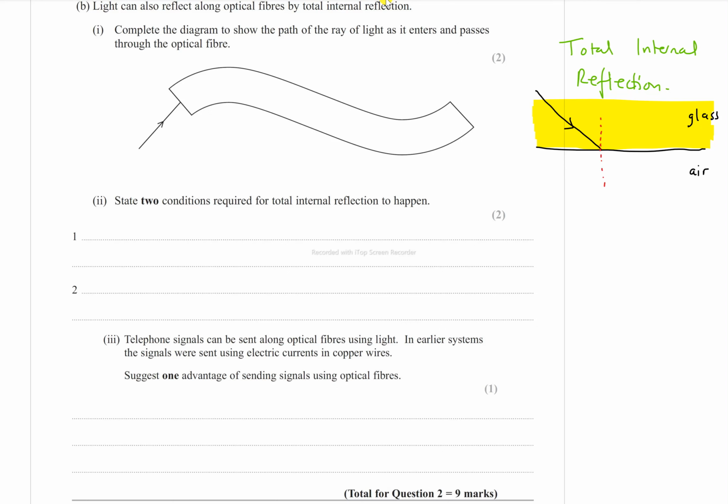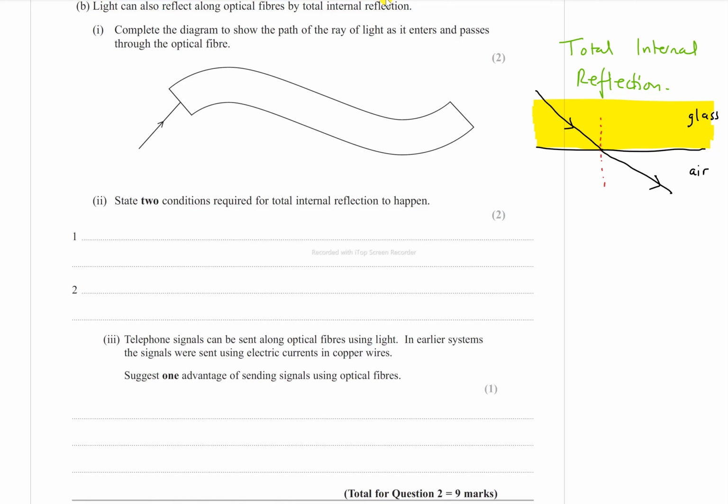And then it's going to come out, yeah, it's going to be refracted. I should have exaggerated it. Tell you what, if I went a bit crazy and did something like that?